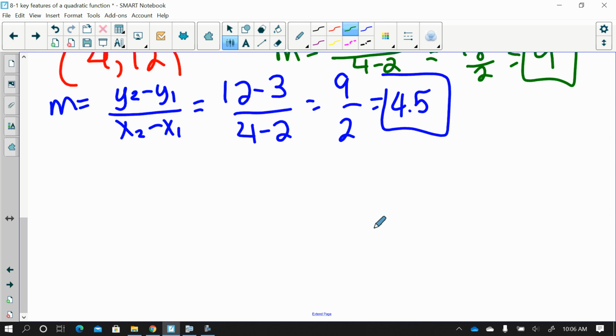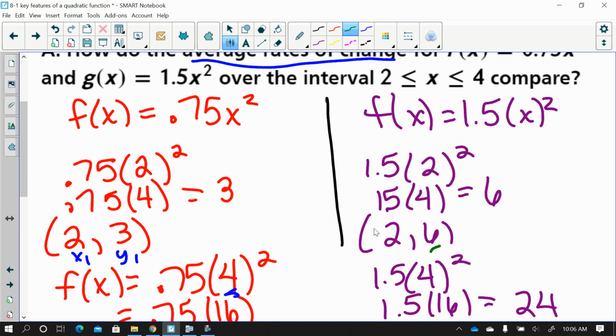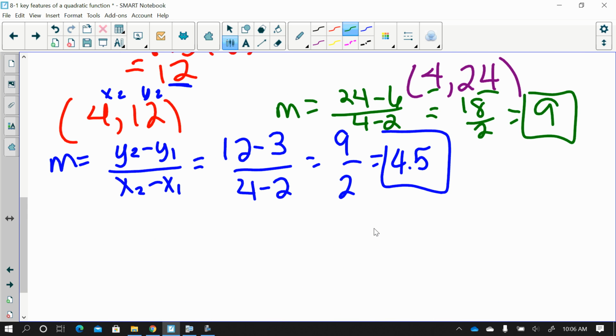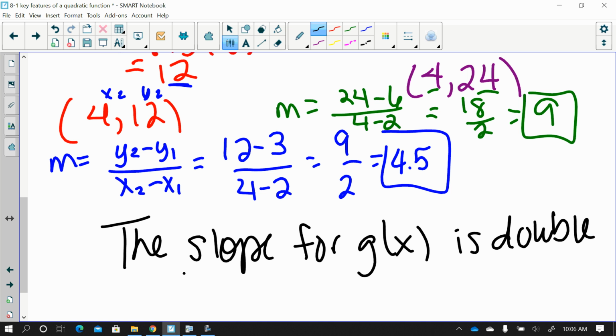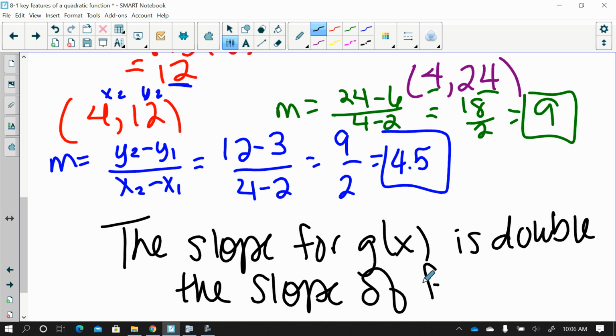The slope for g of x is double the slope for f of x. So this slope is much, much steeper than the other slope.